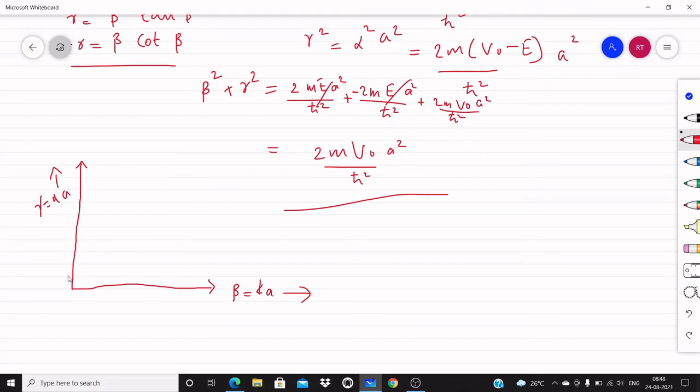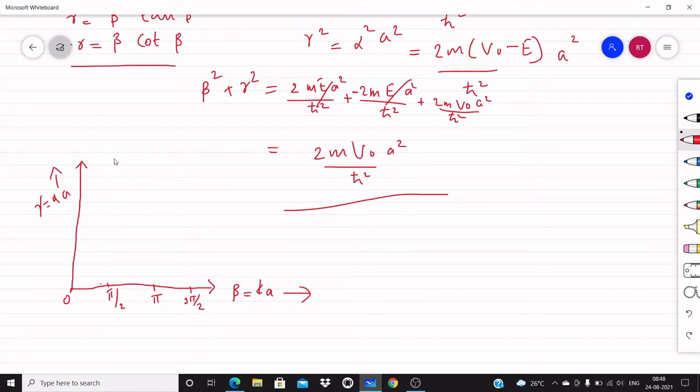Let the values vary like 0, pi by 2, pi, then 3 pi by 2, etc.